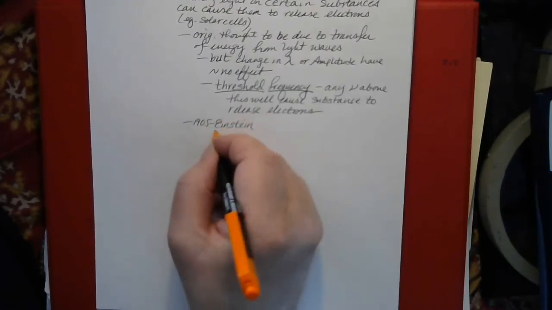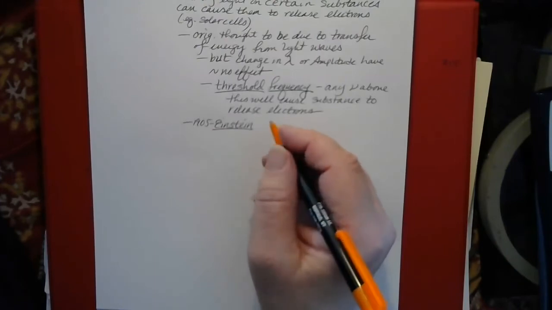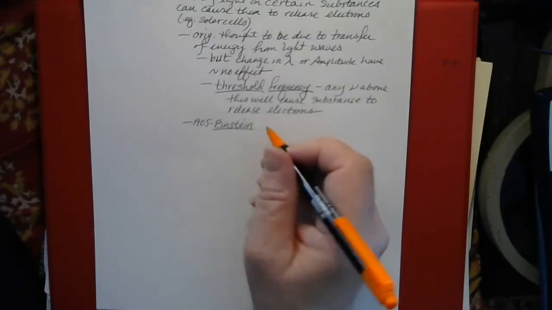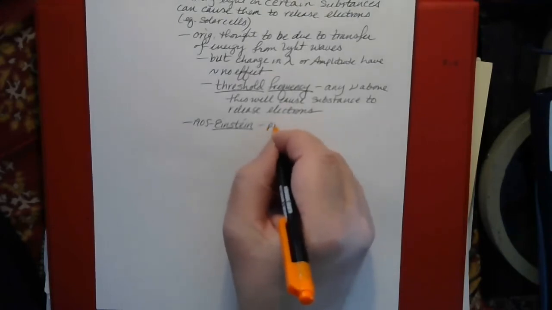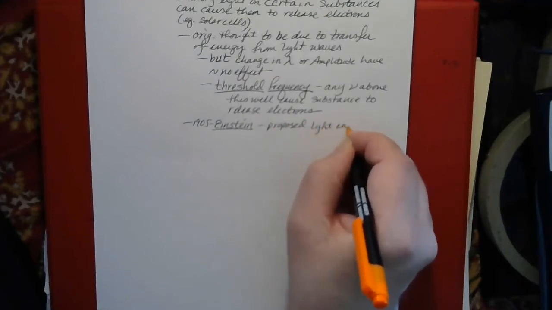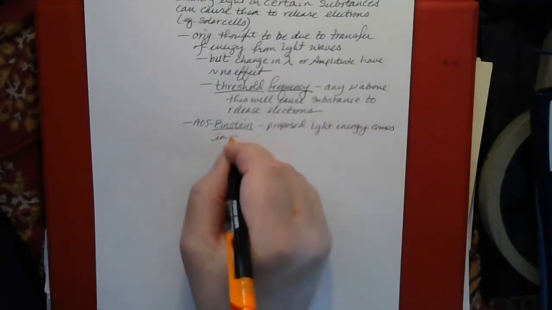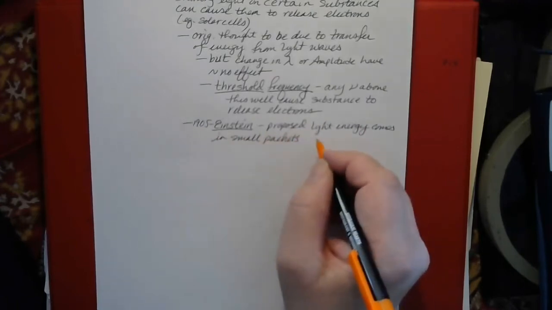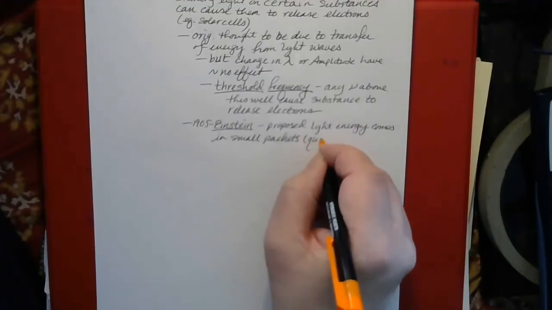It was the photoelectric effect that won Albert Einstein his first Nobel Prize. He proposed in 1905 that light energy comes in packets. These packets are really small, but they are discrete, meaning they're separate.